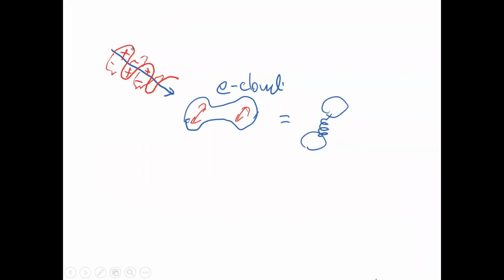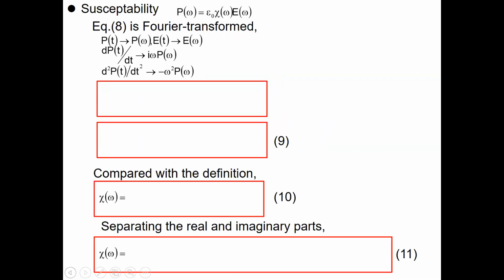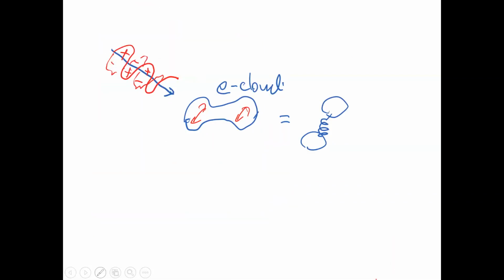So here's a light. Here's a light propagating, and then it hits the molecules, for example, and molecules have an electron cloud, and that is oscillated by the electric field of the light.